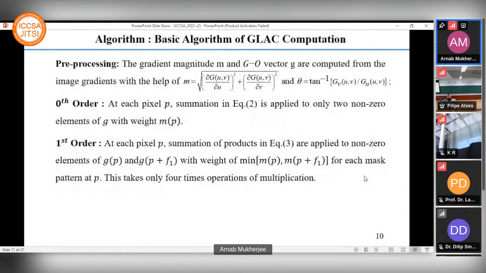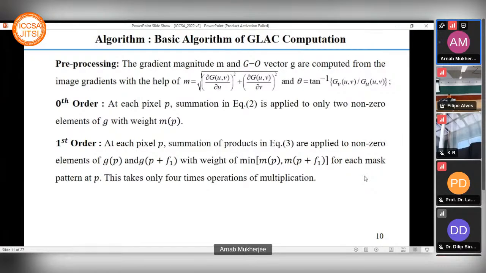The gradient feature extraction strategy is summarized in the following algorithm. The first step is gradient computation with the help of the Roberts derivative operator. The first order correlation, then the zero order correlation, and finally the first order correlation.